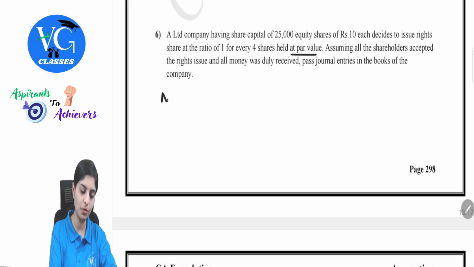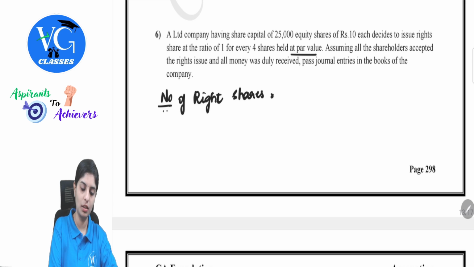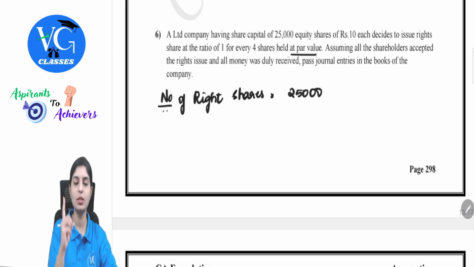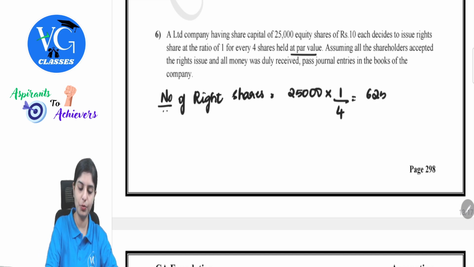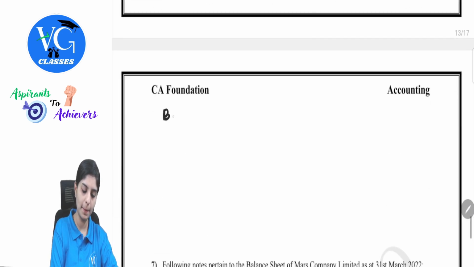So first we will find out the number of right shares. 25,000 shares, 1 for every 4 shares held. That means 1 by 4. This will be 6,250 shares. So what will be the journal entry?